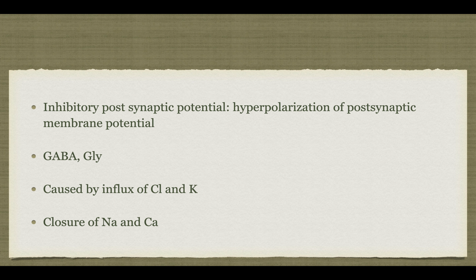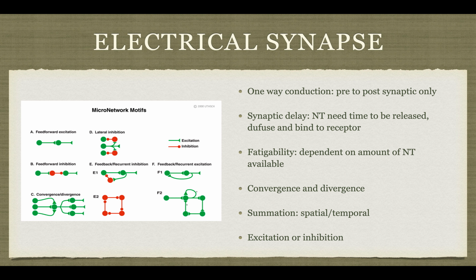The inhibitory postsynaptic potential works by hyperpolarization, and it's done through GABA or glycine, and it's caused by an influx of chloride and potassium, and the closure of the sodium and the calcium channels. Chemical synapses go from pre to post only, and there's a delay because the neurotransmitters need time to be released and diffuse across the cleft and bind to the receptor.